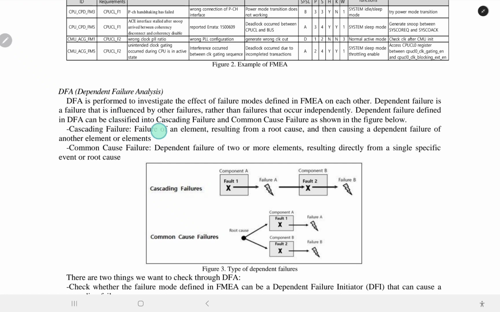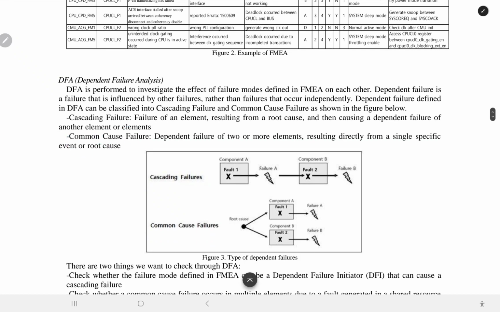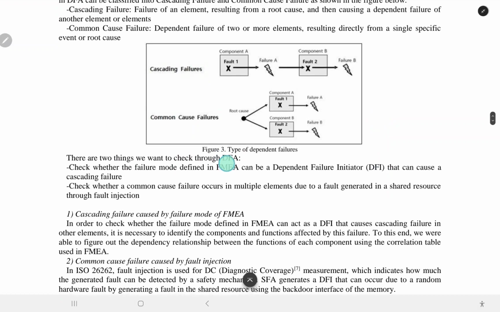Cascading failure: failure of an element resulting from the root cause and then causing a dependent failure of another element or elements. Common cause failure: dependent failure of two or more elements resulting directly from a single specific event or root cause. Figure 3. Types of dependent failures.